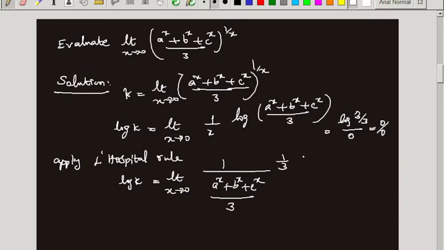A power x differentiates to a power x into log a, b power x is b power x into log b, plus c power x into log c. And here in the denominator x is there, so if we differentiate x we get 1. Now we can cancel these 3.